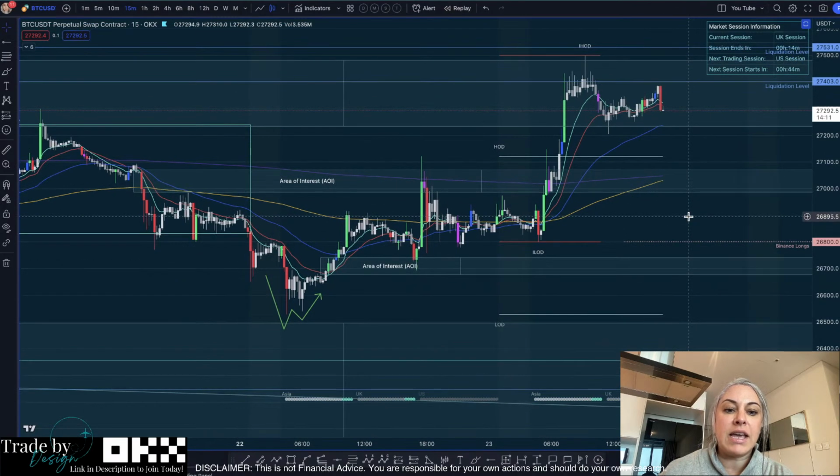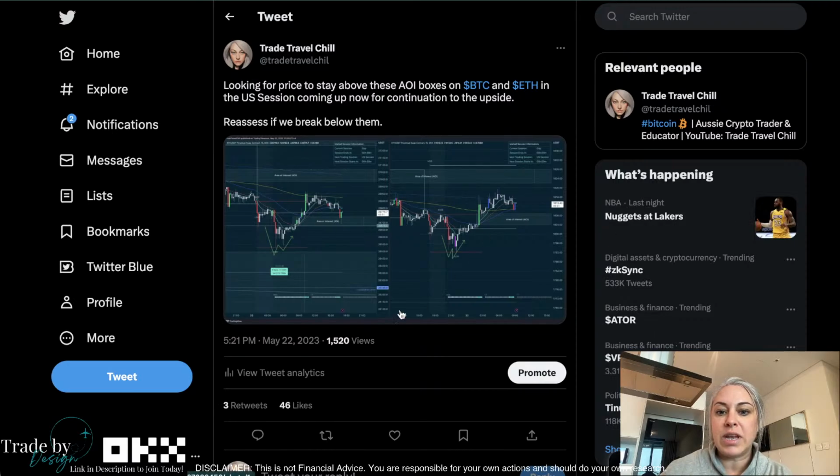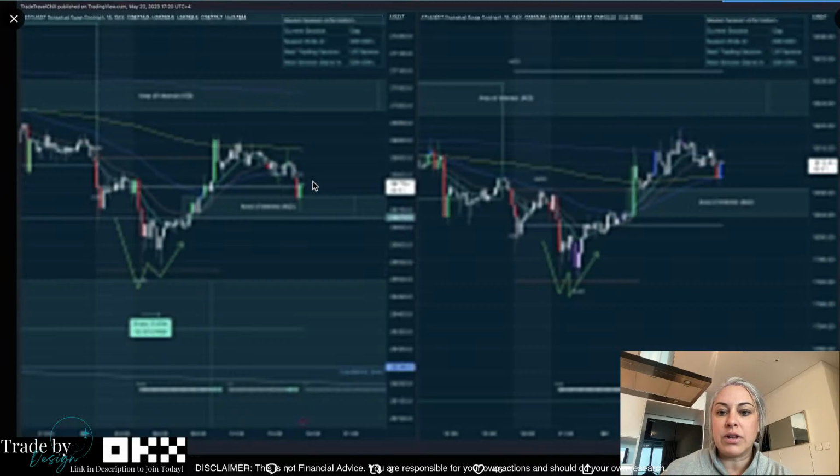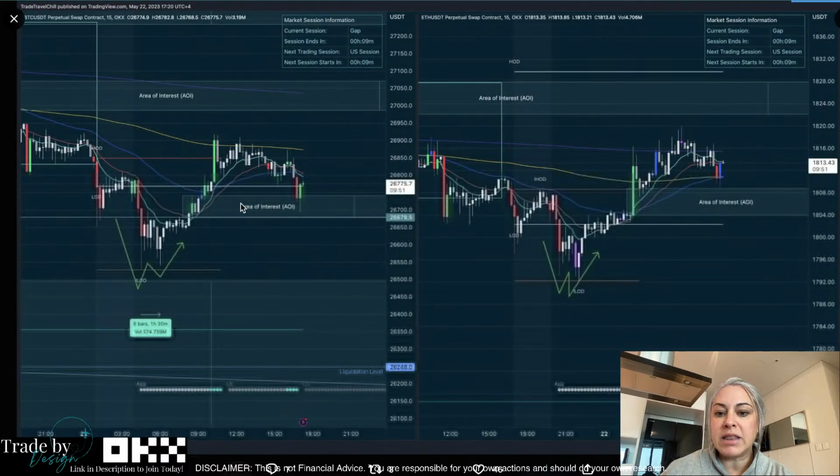Then I did an update after that video was posted on my Twitter here, talking about this area of interest that I wanted to see Bitcoin hold at if we were to have continuation to the upside, and also Ethereum here on the right side.